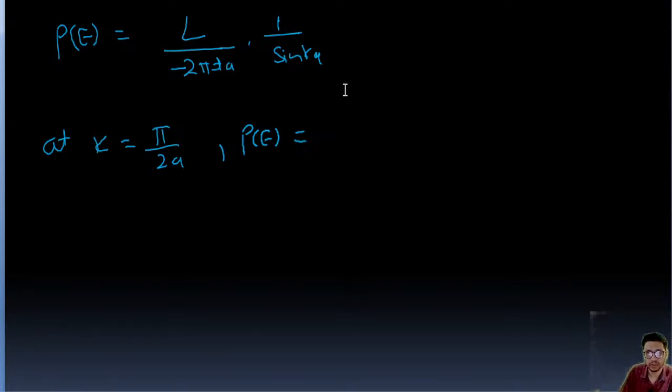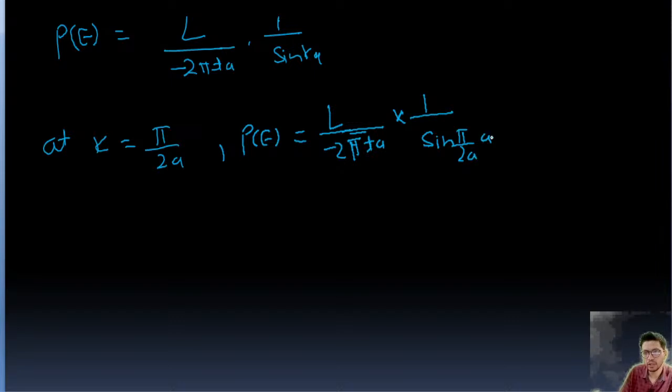So this is going to be L upon minus 2 pi Ta into 1 upon sine k value, sine pi by 2a into a, right?